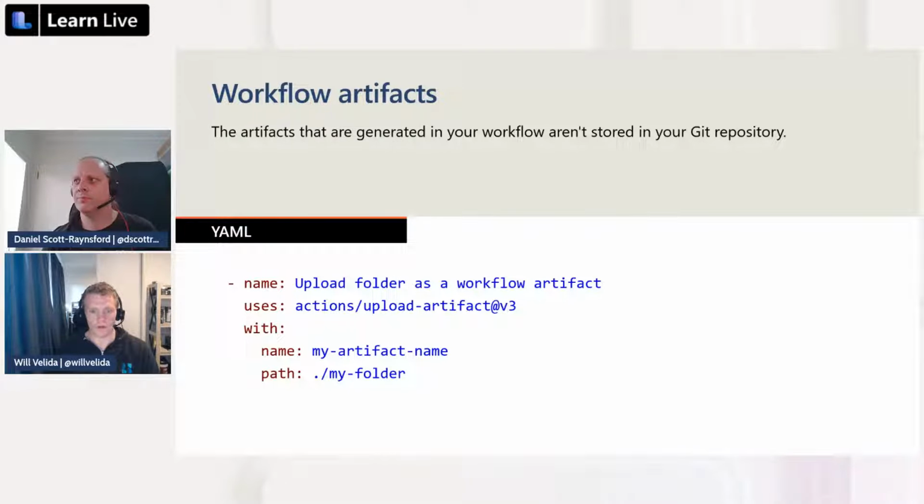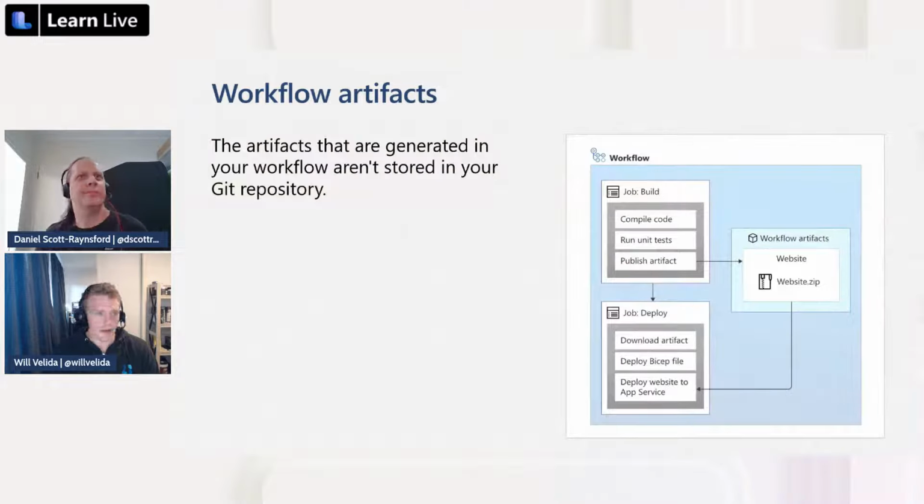So subsequent workflow jobs can download the artifact so they can work with it. So for example, deploying that website to the server that hosts it. And I think we've got a good example of deploying it to app service, but before we get onto that, here's a nice visual representation of how that would work.